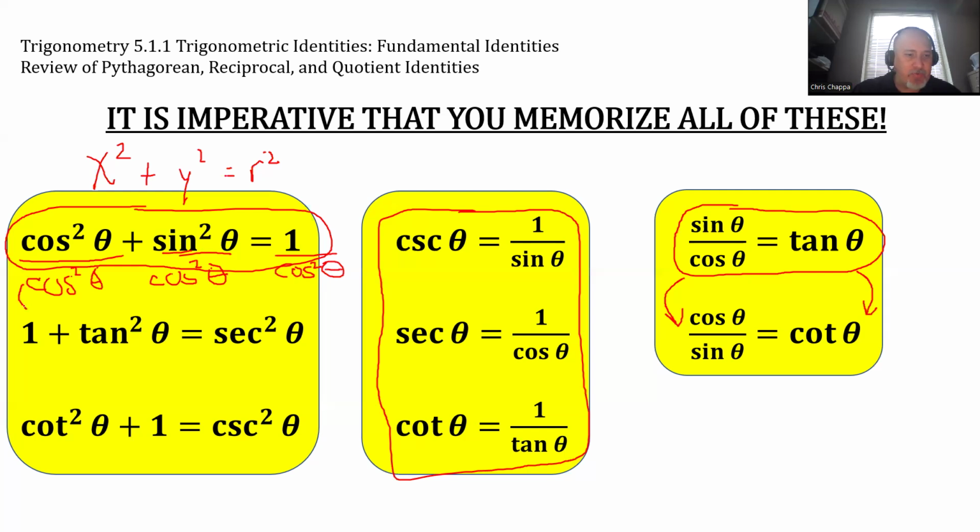Well, the first term becomes 1. The second one is sine squared over cosine squared, which is tangent squared. And the third one is 1 over cosine squared, which is secant squared. Equivalently, we could divide the first Pythagorean identity by sine squared on both sides, and we would get the third Pythagorean identity. So either memorize them all or memorize a few and be able to derive the rest.